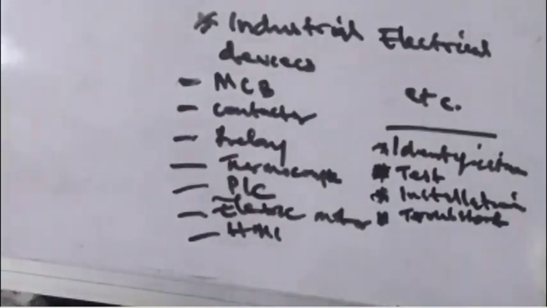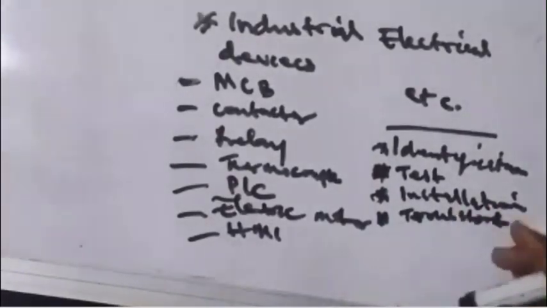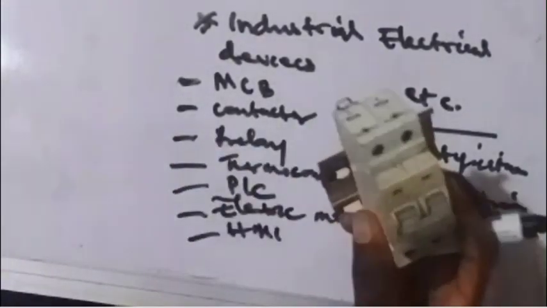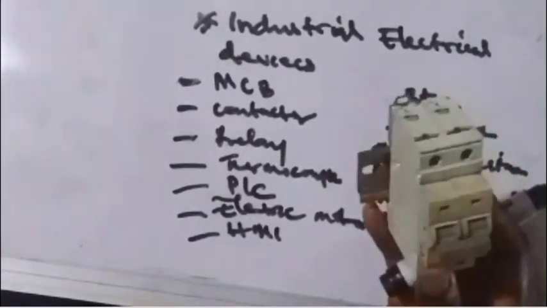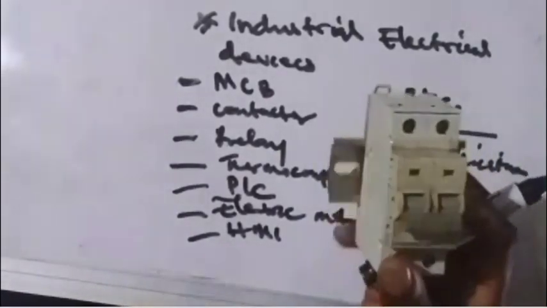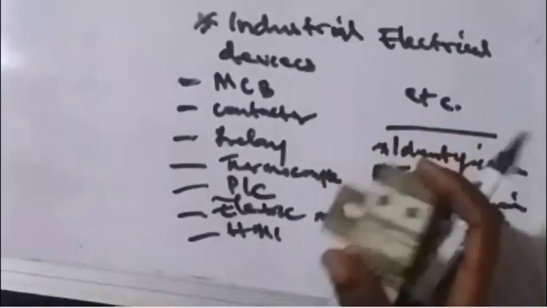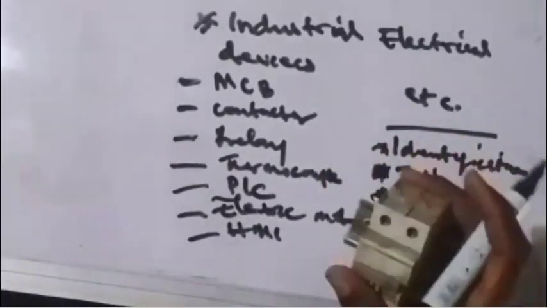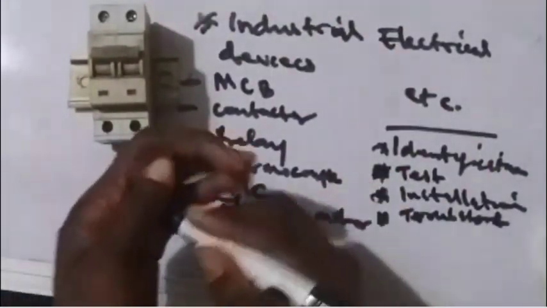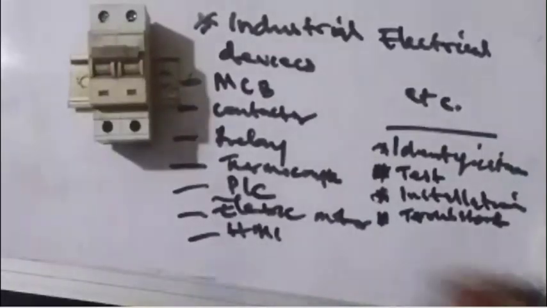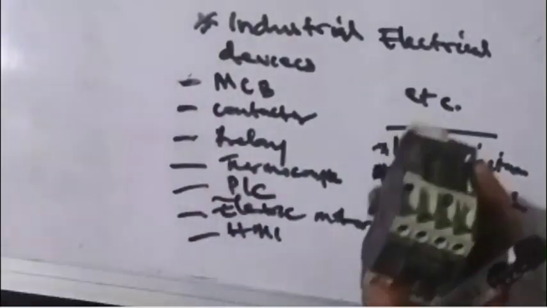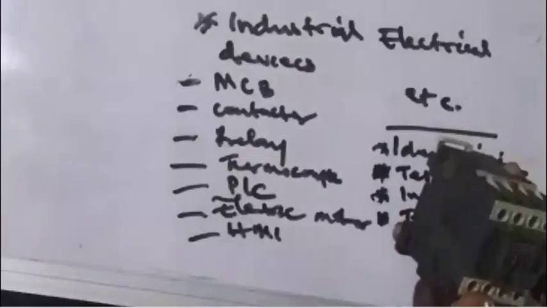Okay, let me briefly show you some examples of industrial electrical devices. For example, here I have an MCB. This is what we call an MCB with a rail. This rail is used to mount the MCB. That is an example of an MCB.